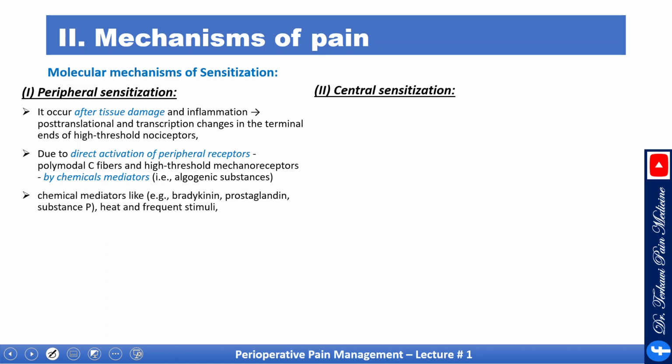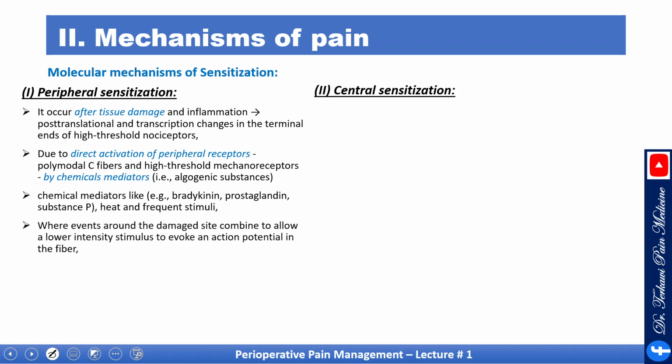Chemical mediators like bradykinin, prostaglandin, substance P, heat, and frequent stimuli, where events around the damaged site combine to allow a lower intensity stimulus to evoke an action potential in the fiber.